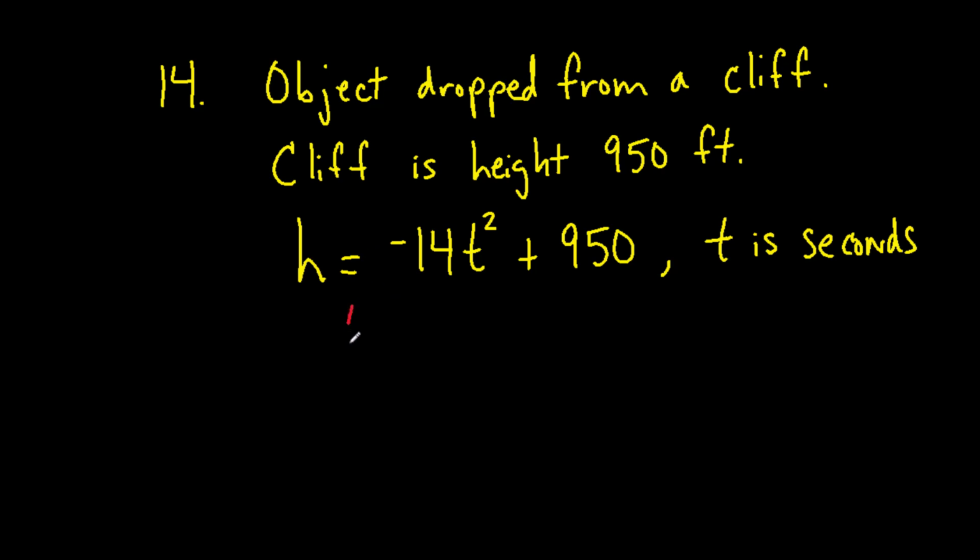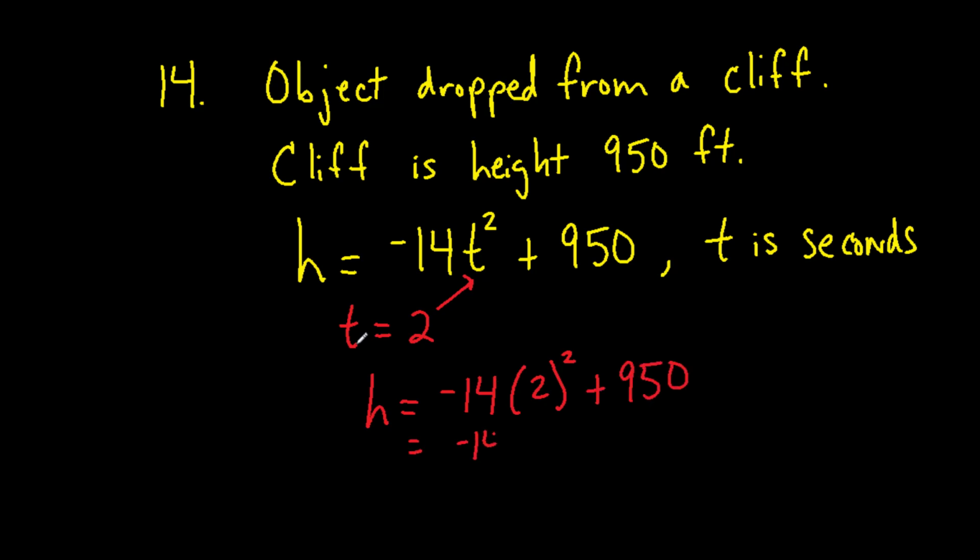So basically we're substituting 2 for t. So the height of the object will be found by negative 14 times 2 squared plus 950. Negative 14 times 4 plus 950, which is negative 56 plus 950, which ends up equaling 894 feet.